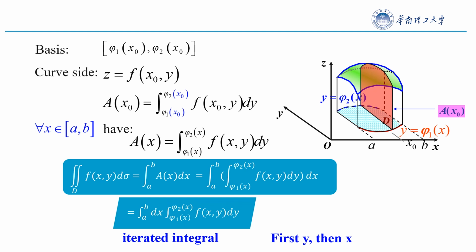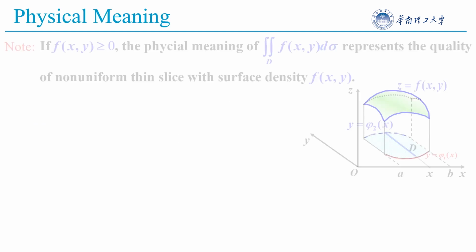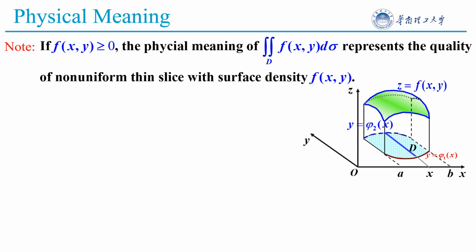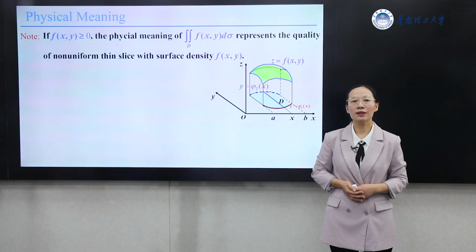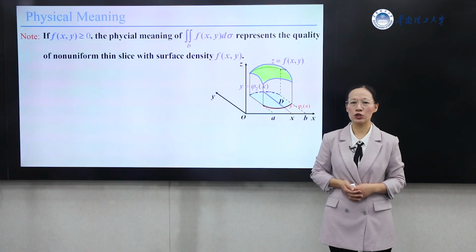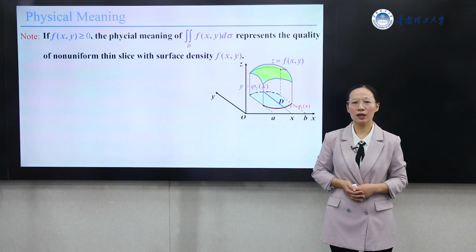We call it an iterated integral. First, integrate on y, then on x. Notice that in the inner integration, x is fixed. Note that if f(x,y) is greater than or equal to 0, the physical meaning of the double integral is the mass of a non-uniform thin slice with surface density f(x,y).